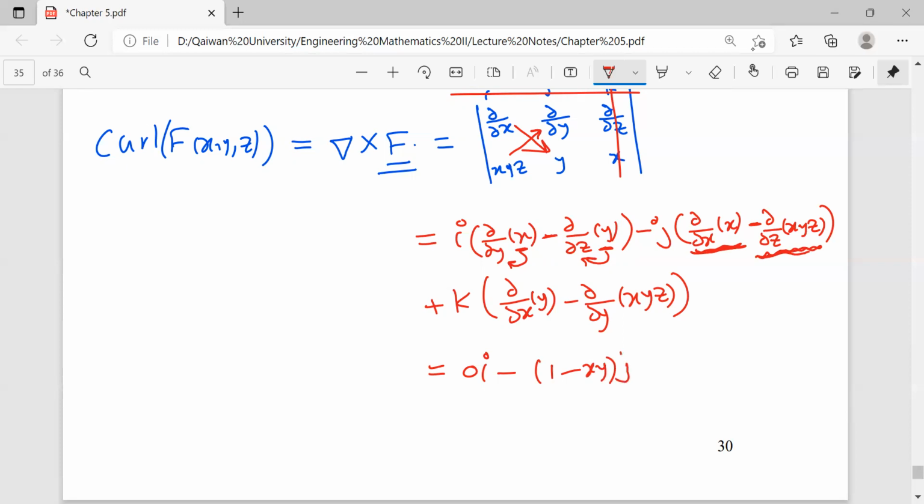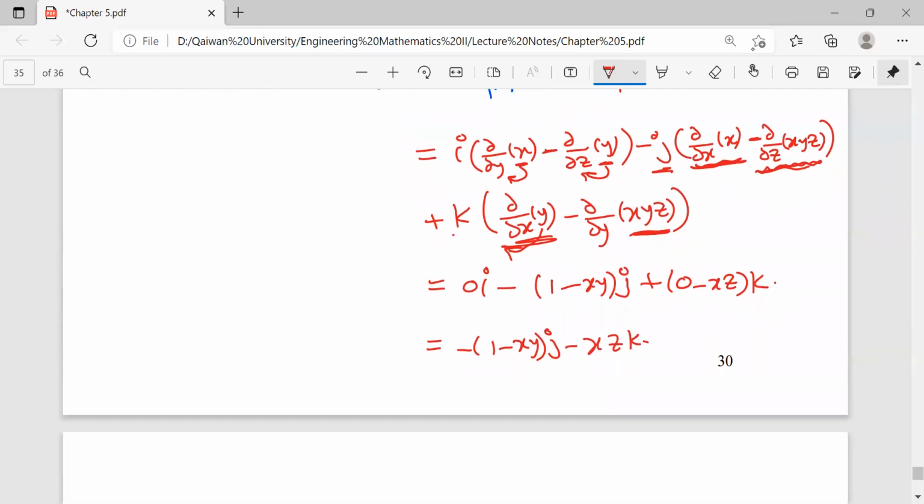j. We have j here. And for k, we have the partial derivative of y with respect to x. This is 0 minus the partial derivative of xyz with respect to y. It's xz k, which equals minus 1 minus xy j minus xz k.